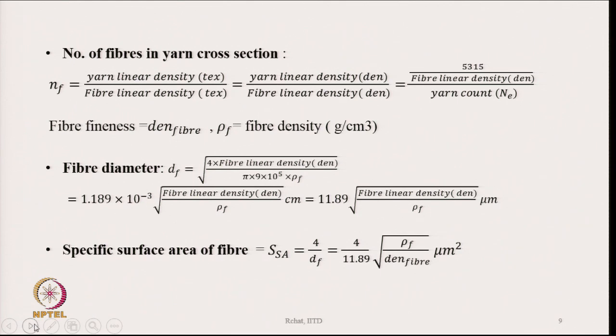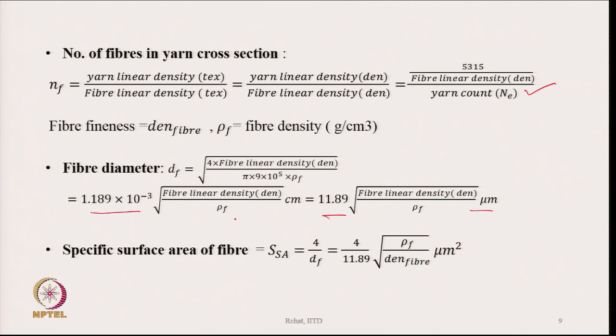There is a very simple formula given, from which we can find out how many fibers are there in the cross section of a yarn. Or we can also find the fiber diameter.